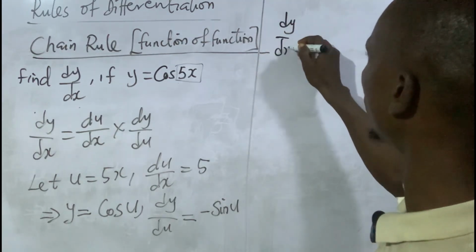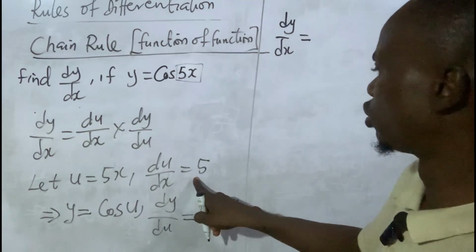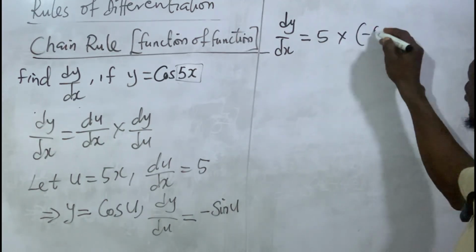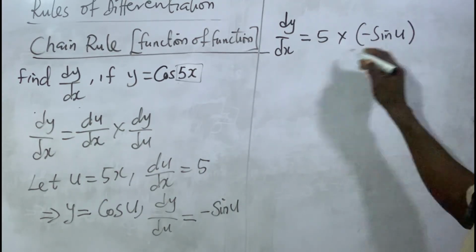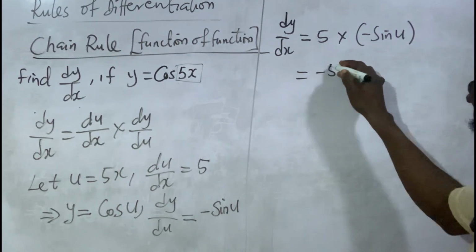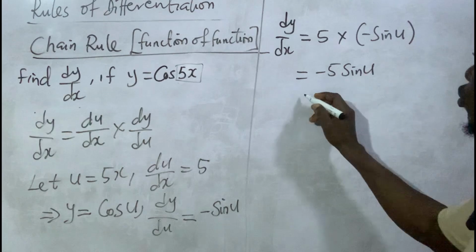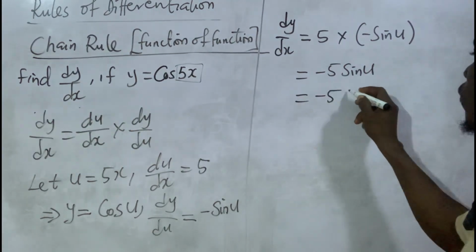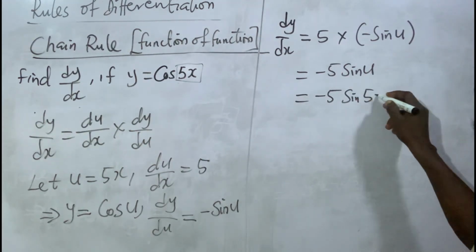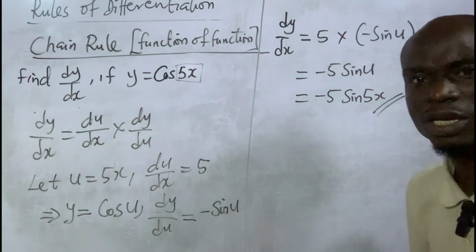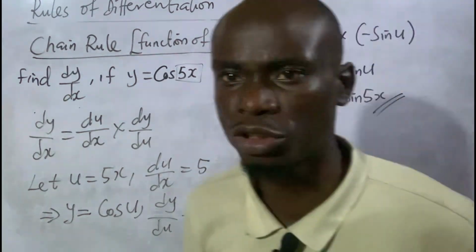So dy over dx is equal to du dx, 5, times dy du, minus sine u. When you multiply, you have minus 5 sine u. What is your u? Minus 5 sine 5x, because our u is 5x. So that's our answer in the second question.